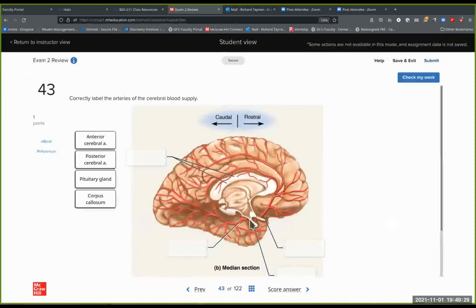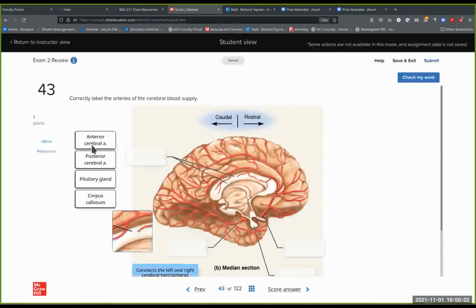Okay, so you know that this big artery that supplies the front of the brain, not the very front of the brain, but the large majority of the brain, is called the what? Anterior cerebral. Are you talking about the one that's being pointed at right now? Yeah.